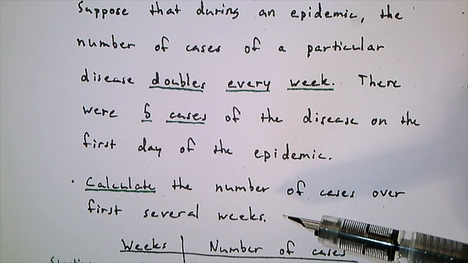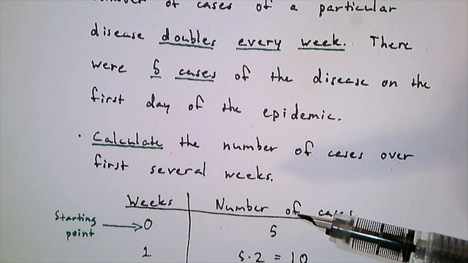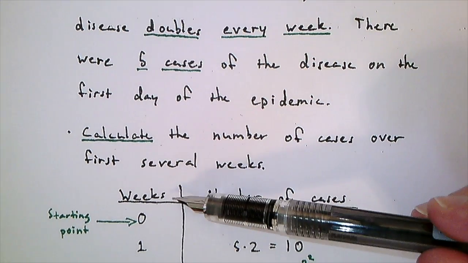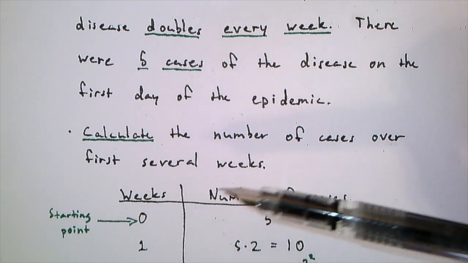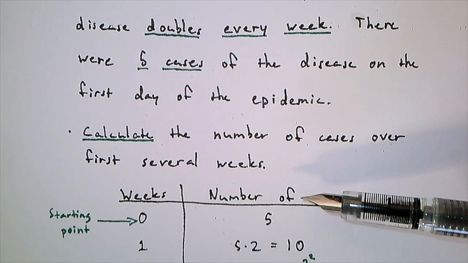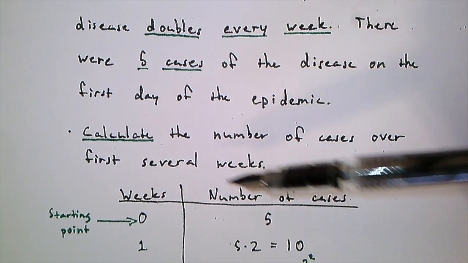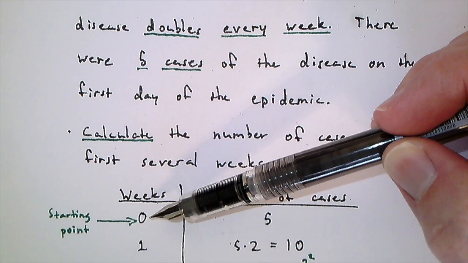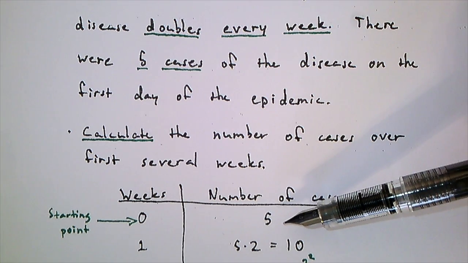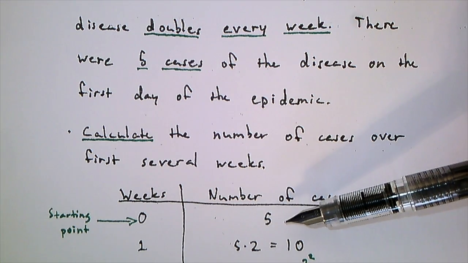So I've made a table. In my left column, I have the number of weeks that have gone by, and in the right column, I've written the number of cases of the disease. So our starting point is week 0, and we started with 5 cases. So this is our initial value.